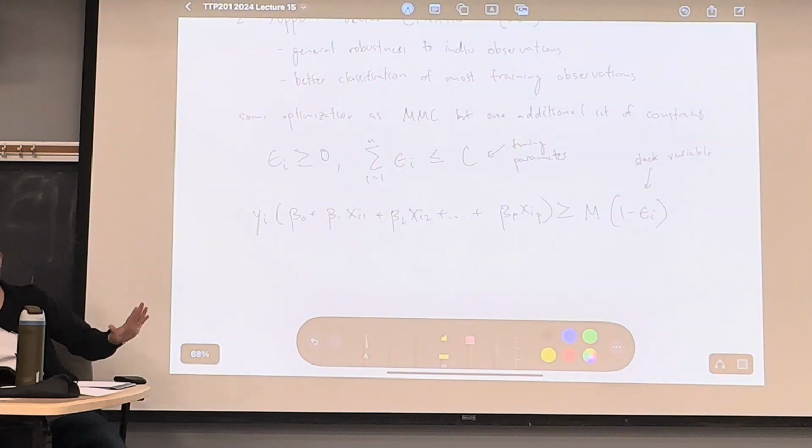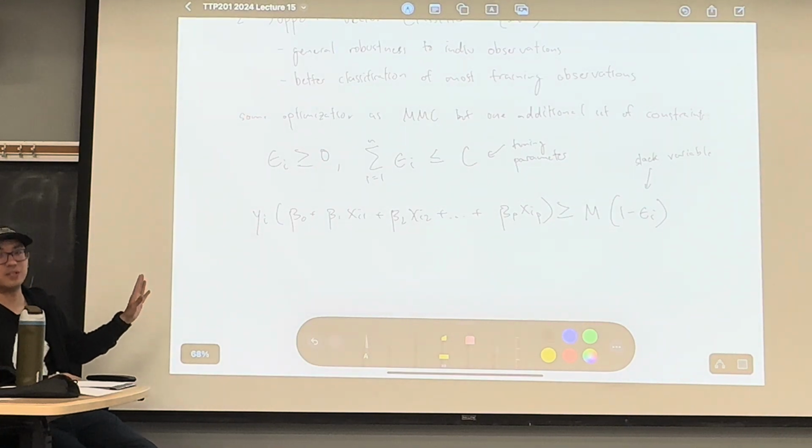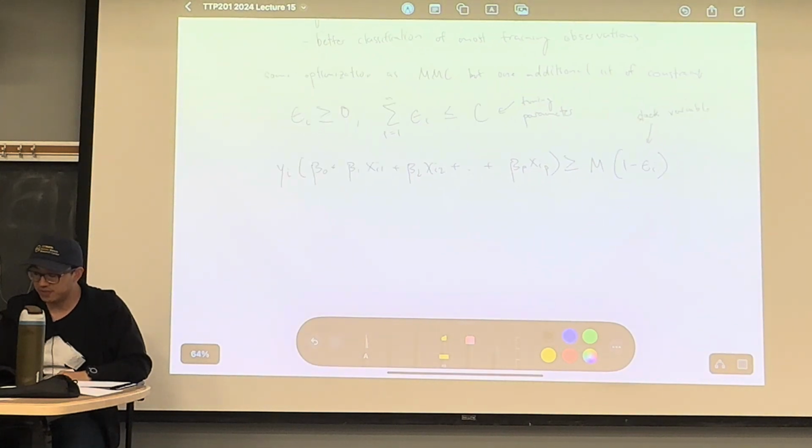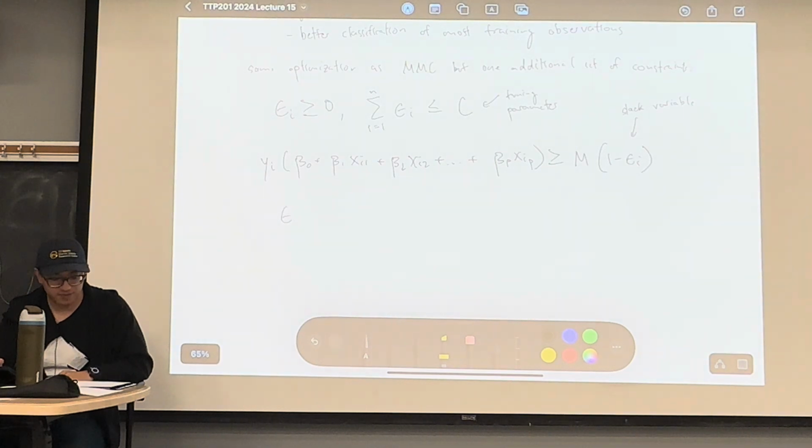I'm not going to really go into the way the math works, but the only thing you need to take away from this is that you have this slack variable, epsilon i, which tells us how many points can violate the margin. And C bounds the number of epsilon i's.